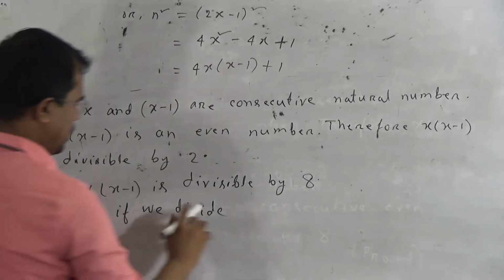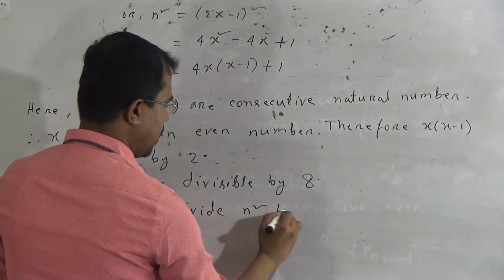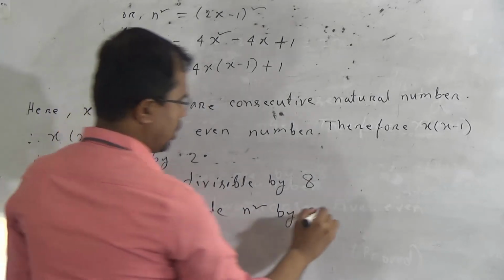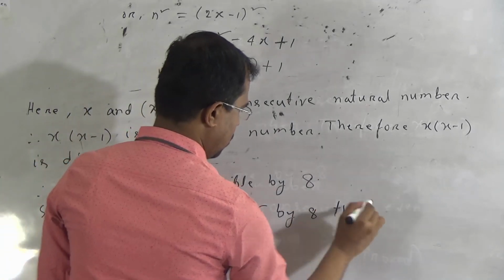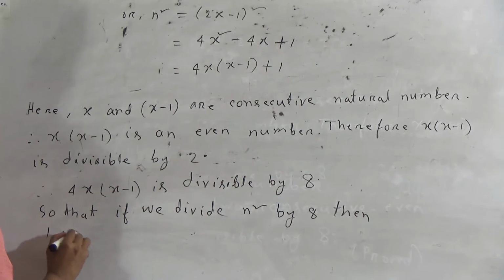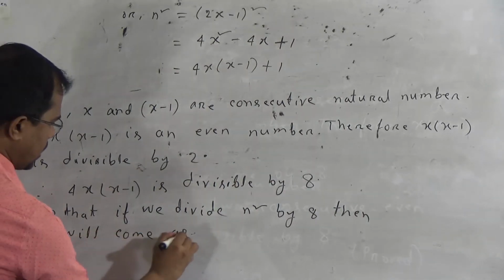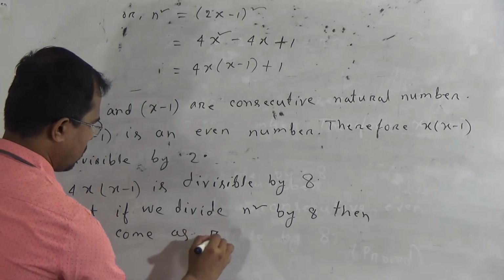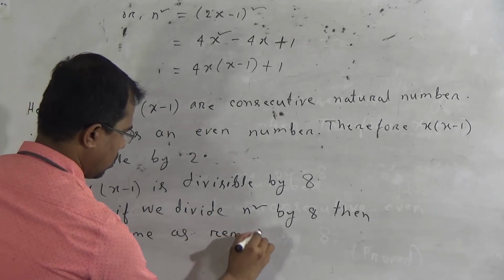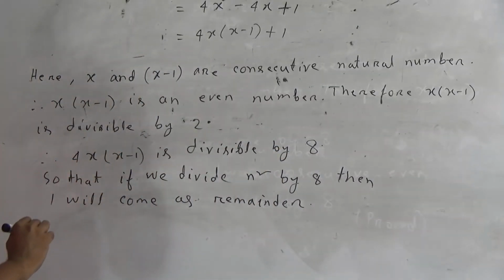So if we divide n square by 8, then 1 will come as remainder. So we can say that if n equal to 2x minus 1 where x belongs to N, then n square divided by 8 gives 1 as remainder.